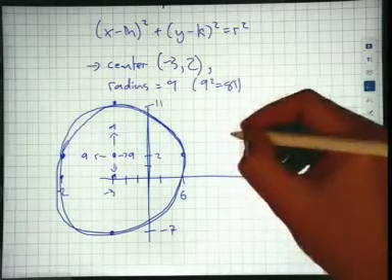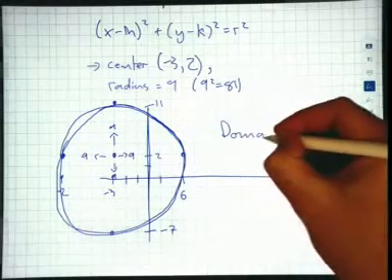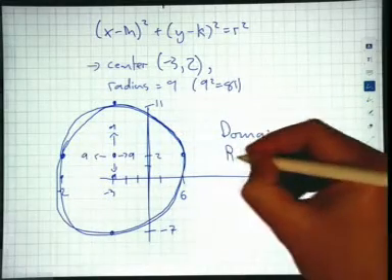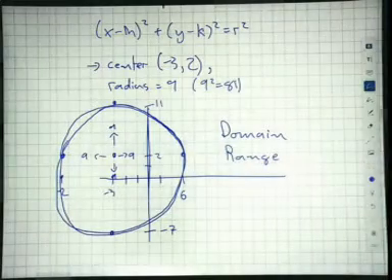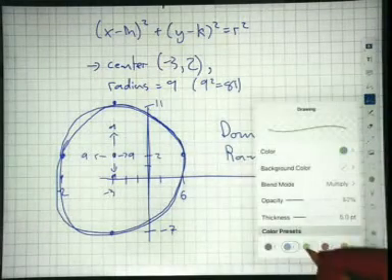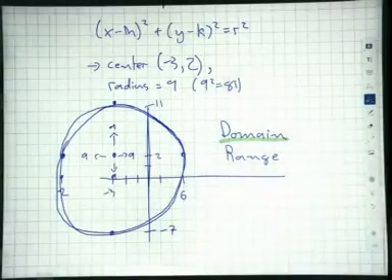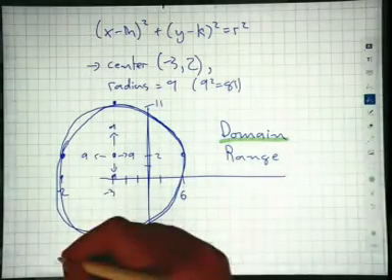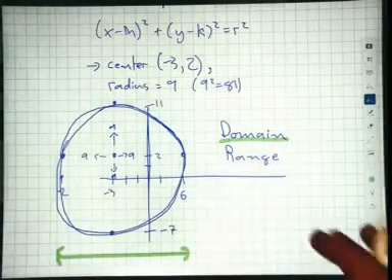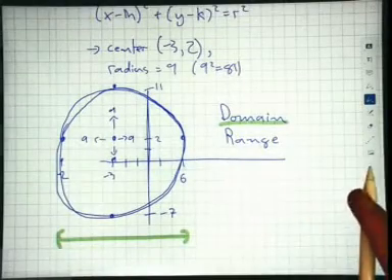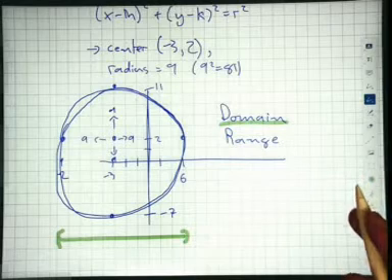And when we talk about the domain and the range, the domain is the set of x values that are on this graph. What x values are represented on this graph?